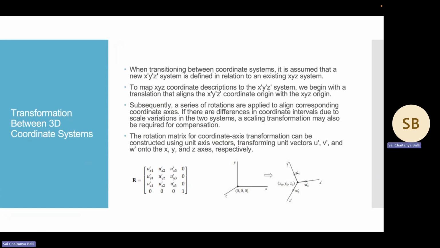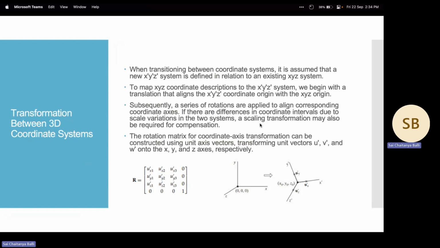To map xyz coordinate descriptions to the x dash y dash z dash system, we begin with a translation that aligns the x dash y dash z dash coordinate origin with the xyz origin. Subsequently, a series of rotations are applied to align corresponding coordinate axes.